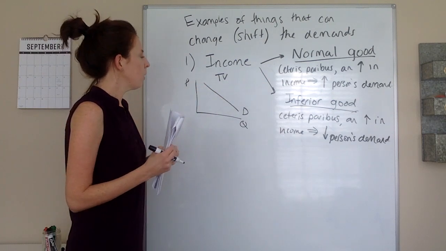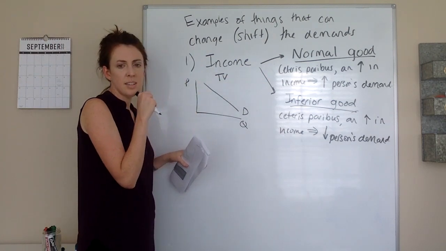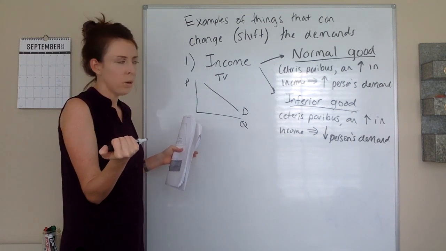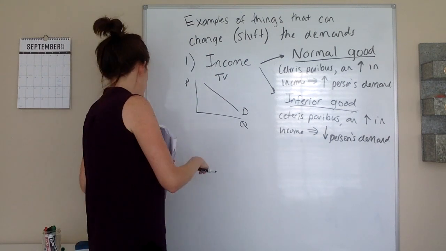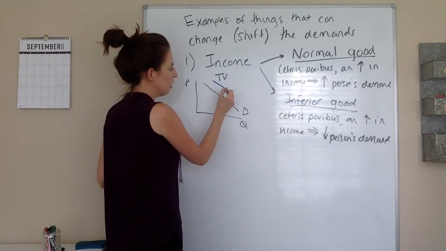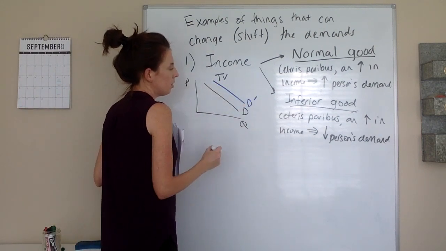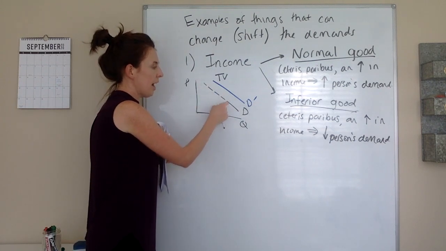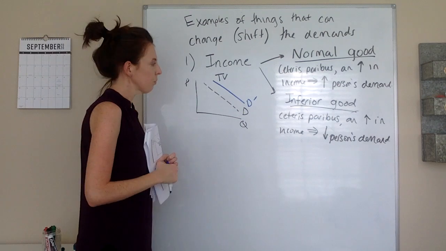So let's think about what would happen in this market for TVs if everyone in the market got a raise at work, if their income went up. Well, if that was the case, then what would happen in the market is the whole demand curve would shift out to D prime, and you'd no longer have the original demand curve.